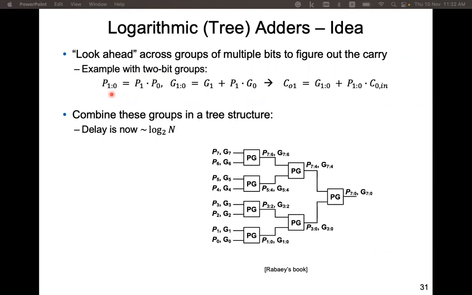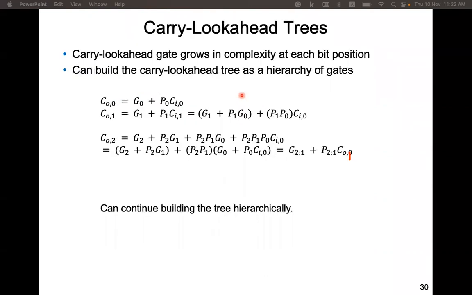Say, this has been shown before. Say we combine group bit 1 to 0 as a group, then we have a group propagate equal to the product of P1, P0, and a group generate equal to this. That's the first equation here.